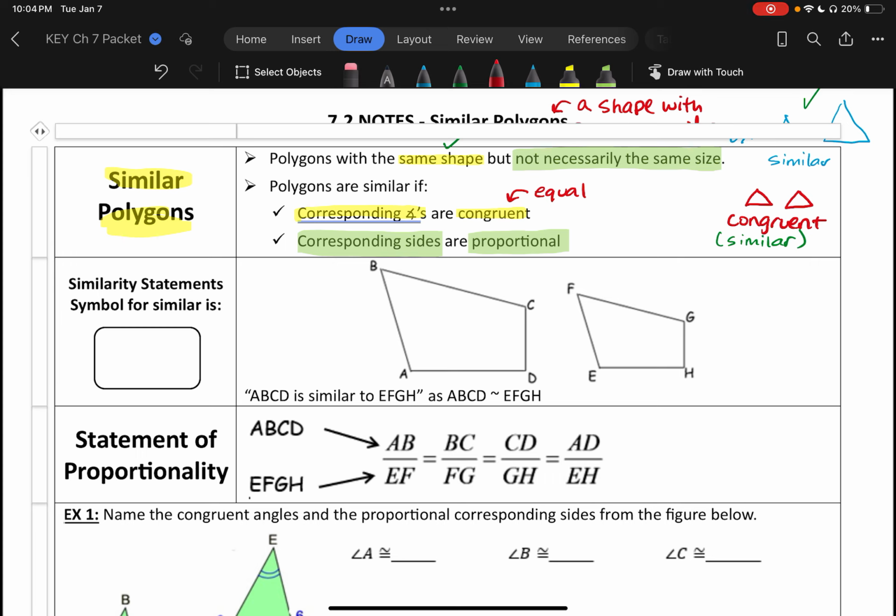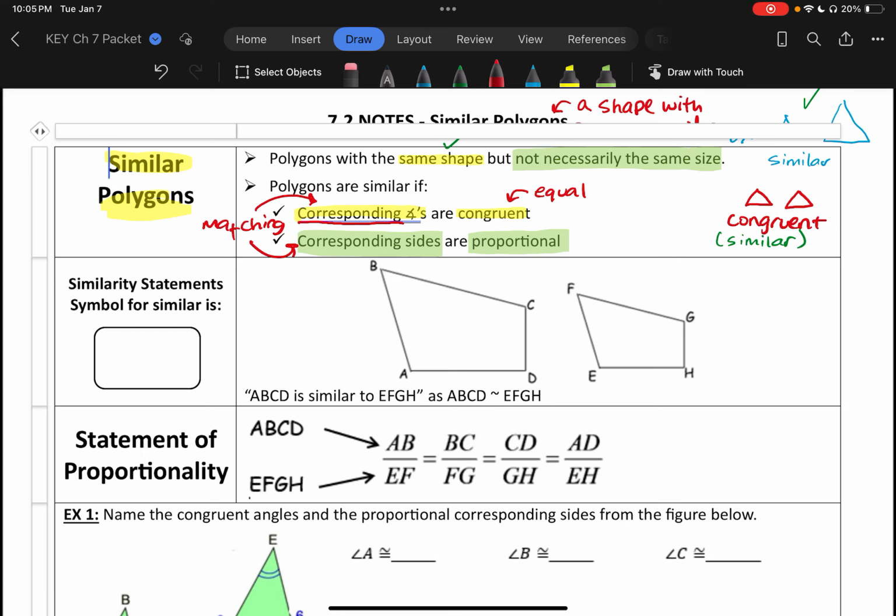And so corresponding angles are going to have to be equal if those polygons are similar. And the word corresponding just means matching positions. So angles in matching positions have to be congruent.